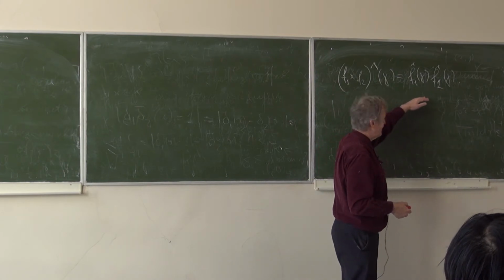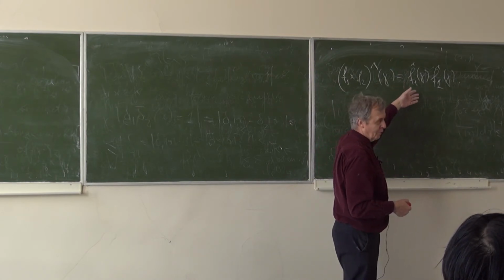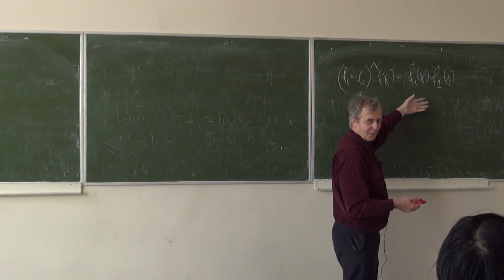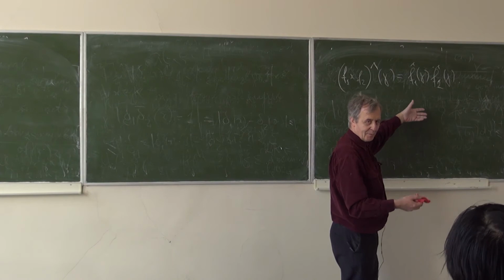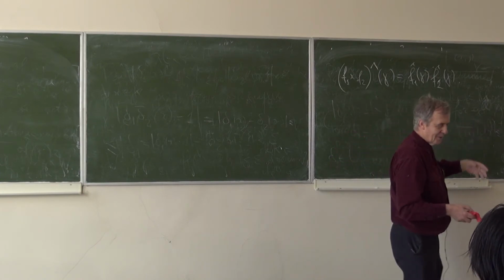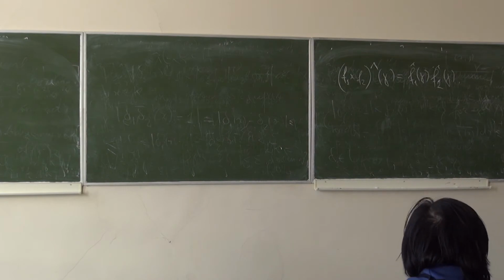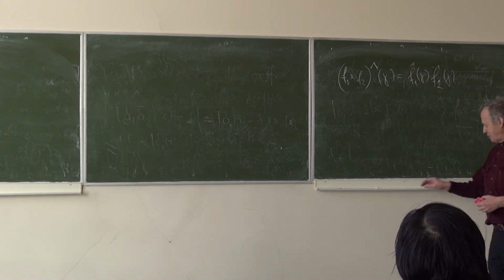But in any case, if we only know what a character is, and if you write what this means, then we easily see by changing the order of integration, by transforming some integral, that this is what we expect.